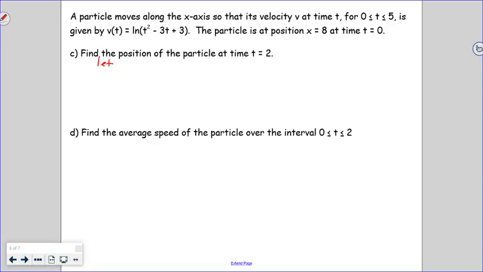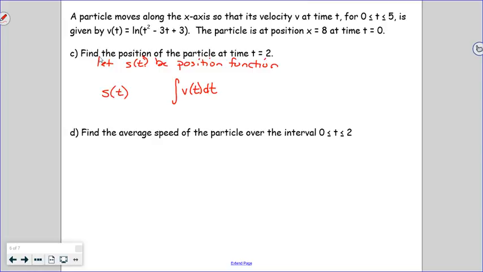I'm going to let S of t be the position function, which means S of t is the antiderivative of v. And how do I show that I want to take the antiderivative of v? An integral, right? S of t is going to be the antiderivative of v dt, right?